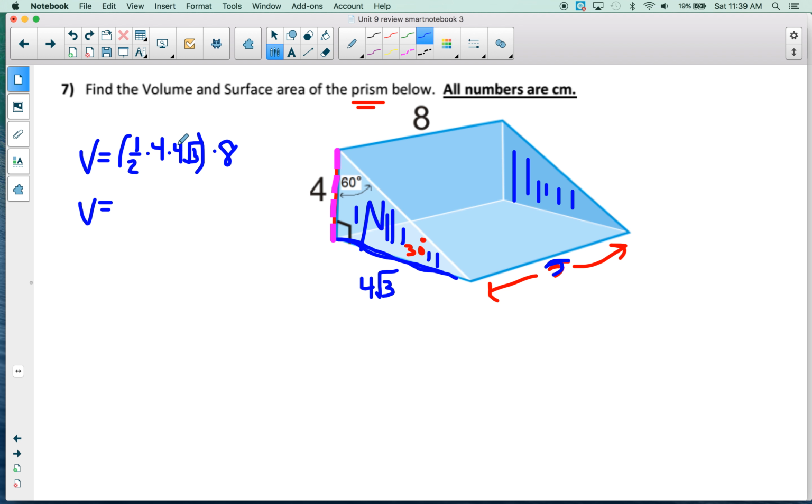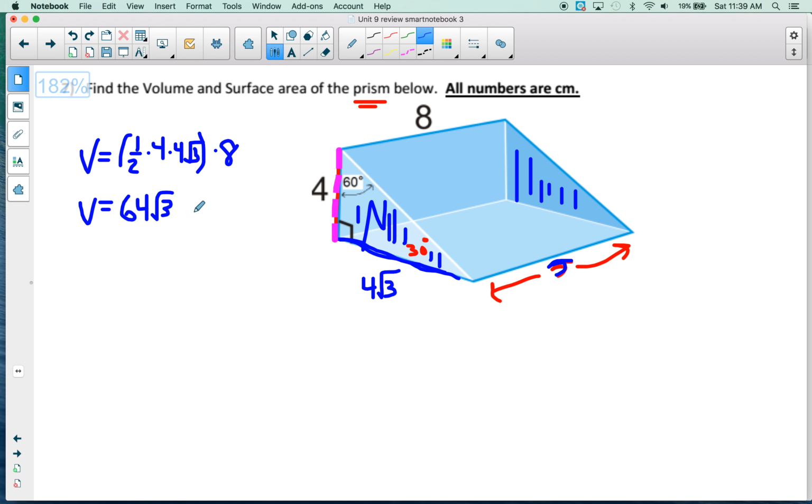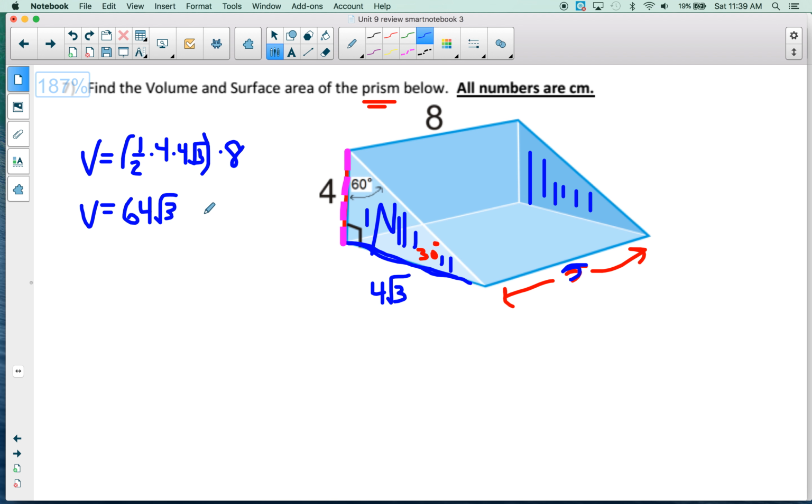And 4 times 4 is 16. 16 times 1/2 is 8. Can't multiply by radical 3, so I just leave it there. 8 times 8 is 64, right? So 64 radical 3. And I think that is centimeters. Yep, it is centimeters.